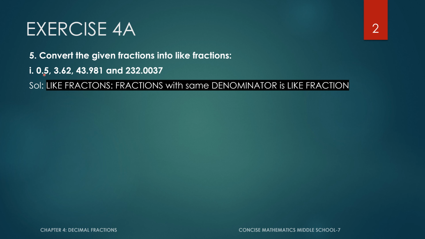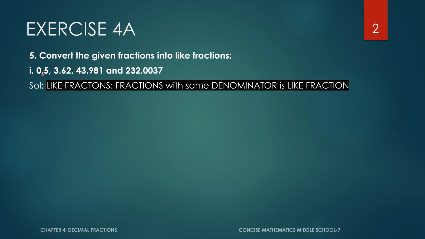Look here children, let's take each decimal number, 5.0.5 is there, and change it into a fraction. How to change it into a fraction? By removing this point. You can just remove this point and place 10 on the denominator side, right?